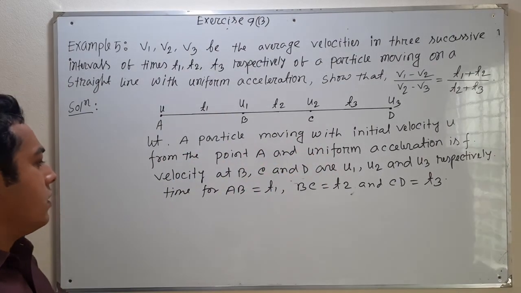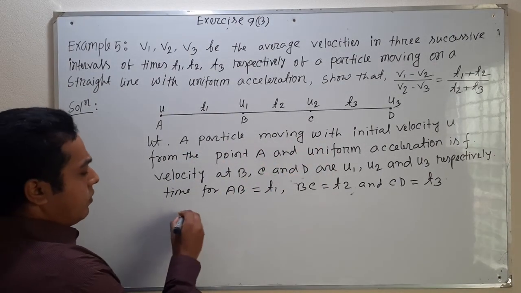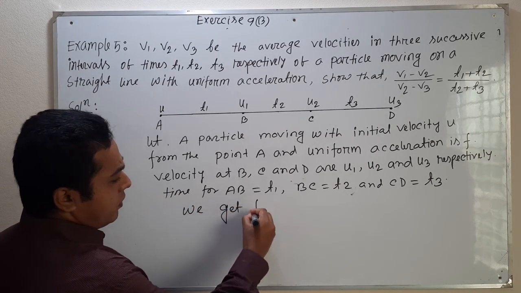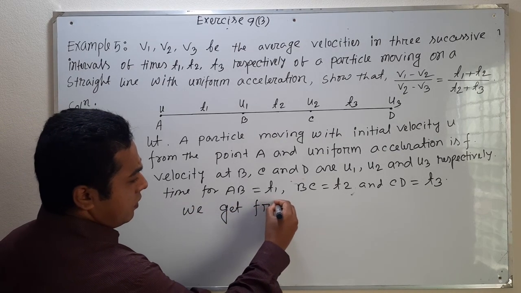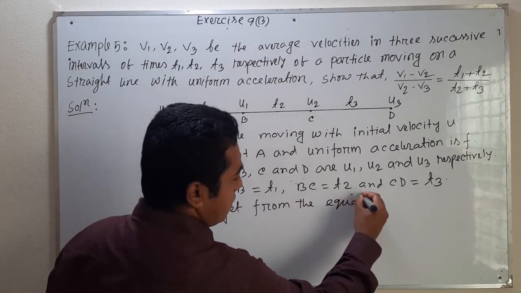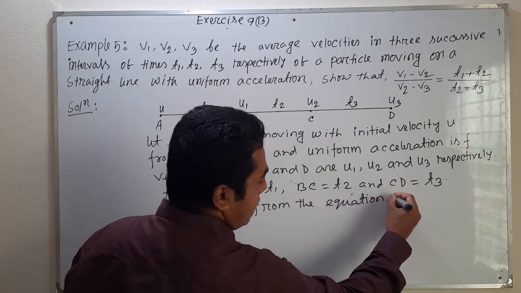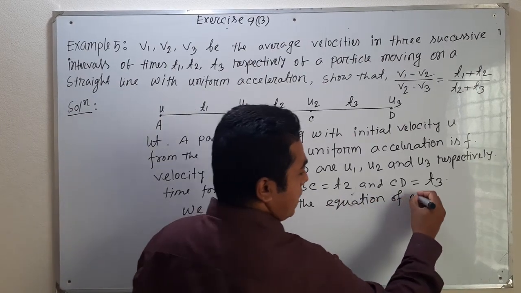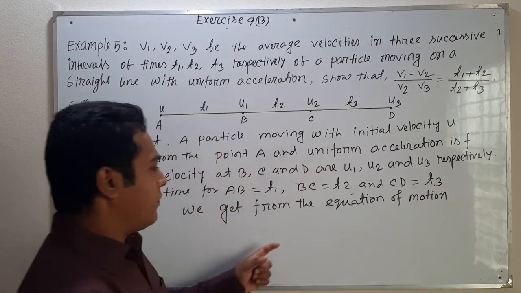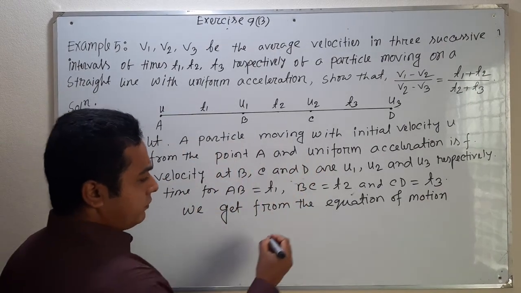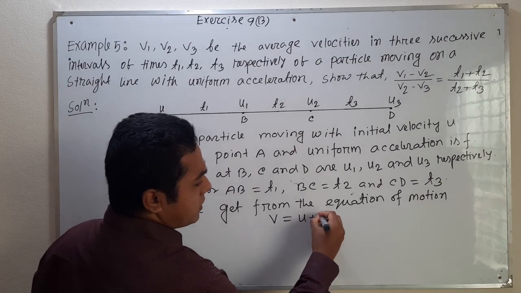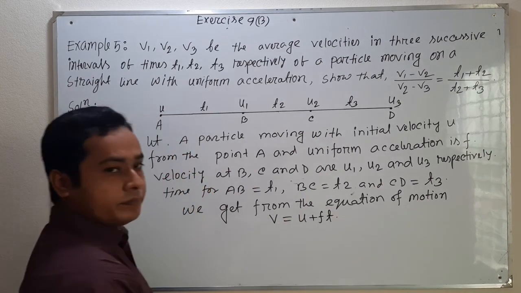Okay, now from the equation of motion we get v is equal to u plus ft.